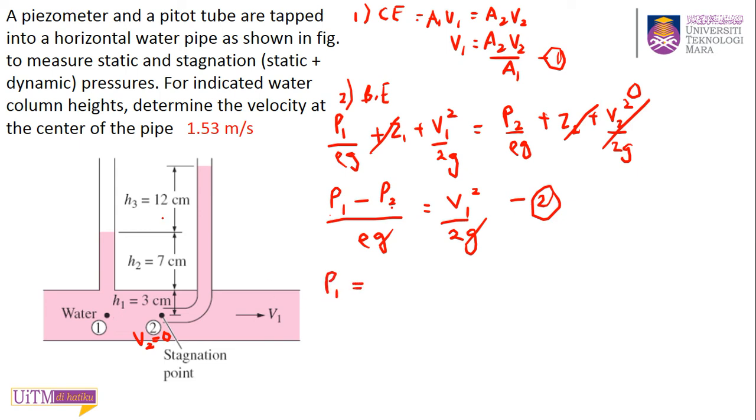Manometer analysis. Okay, good. But this is not a manometer actually. P1 equal P2. Okay, P1 ke P2. Tapi ni macam bukanlah manometer sangat kan. So you, what is the pressure at point 1?